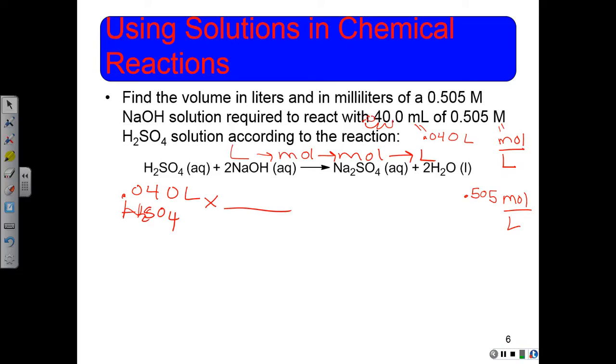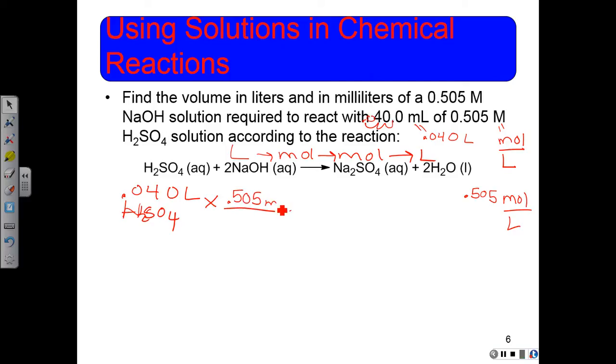Do we plug it in like this, or are we going to have to flip it upside down? We need liters in the denominator, and it is.